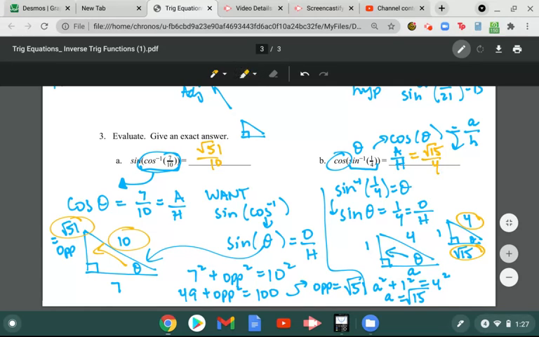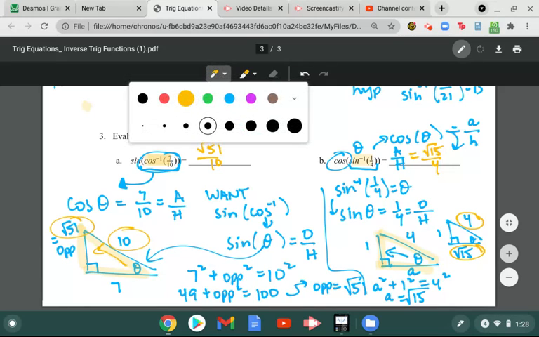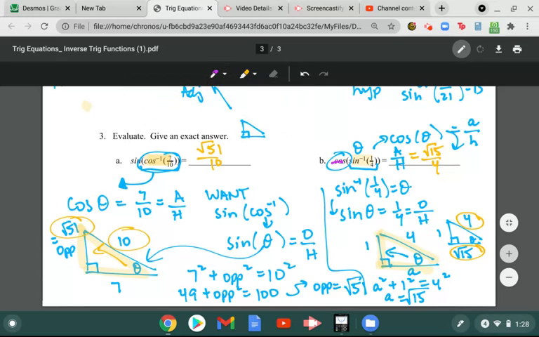So in both of these, I am taking the information on the inside and I'm building my triangle. I use the Pythagorean theorem to find the missing side, and then I go on the outside and I figure out the last little piece, which was cosine there and sine there.